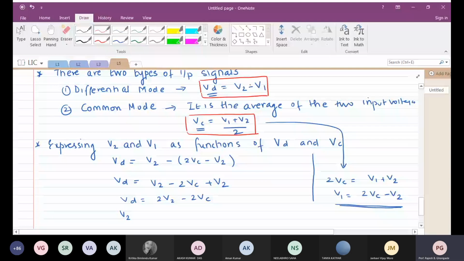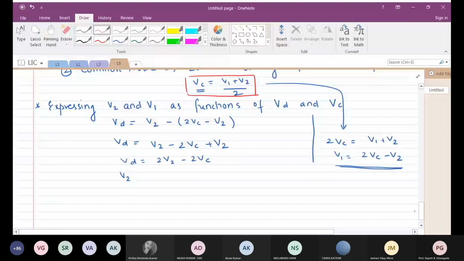So what do I get as V2? We get VC plus VD by 2. Verify this. Call this equation A. Is this fine, guys?